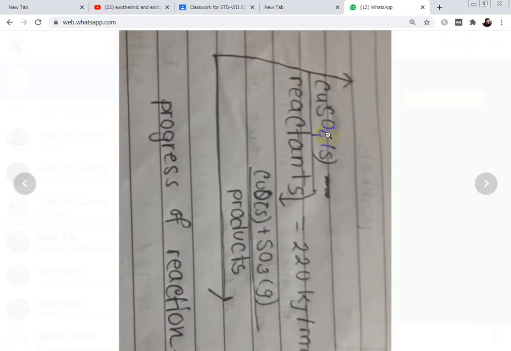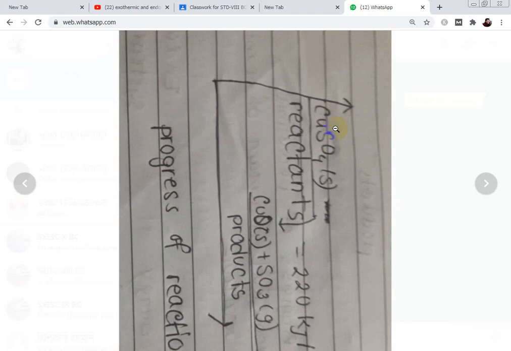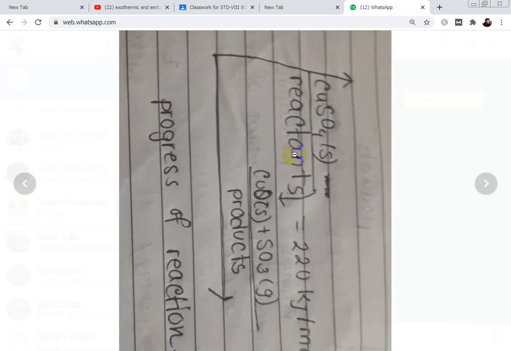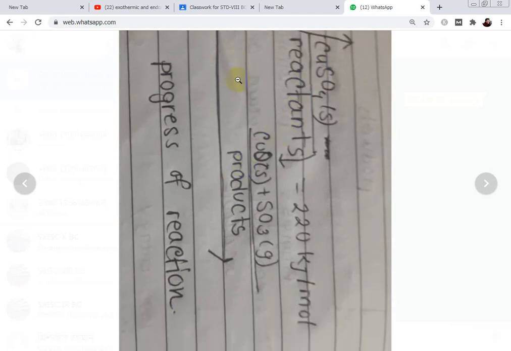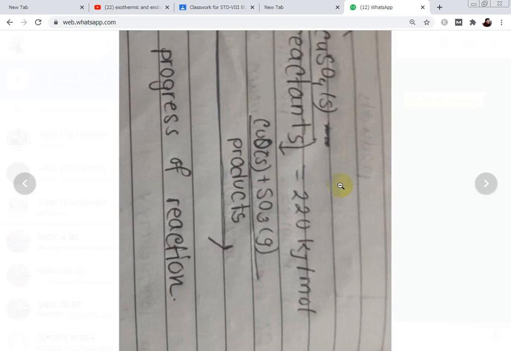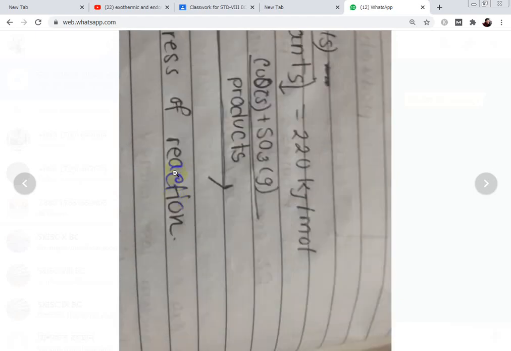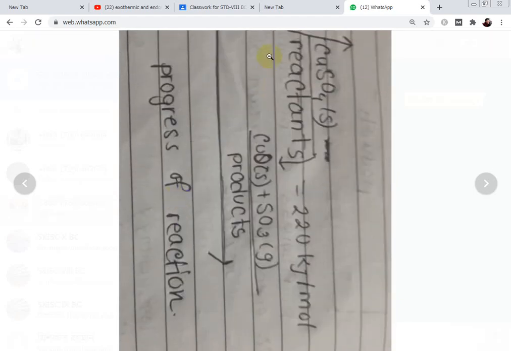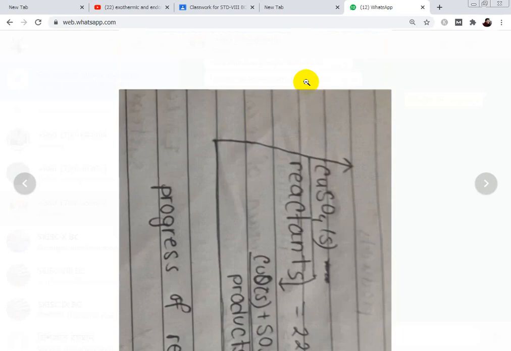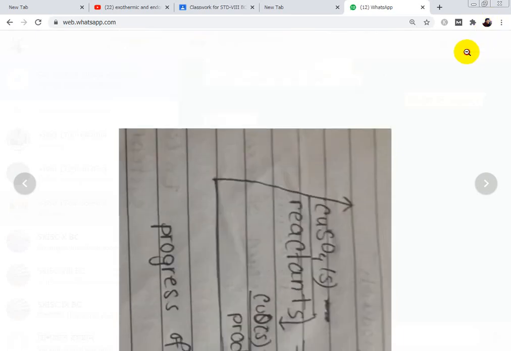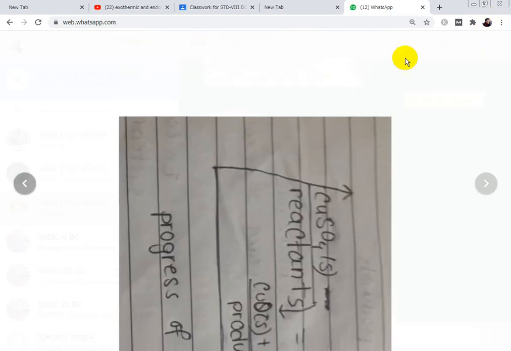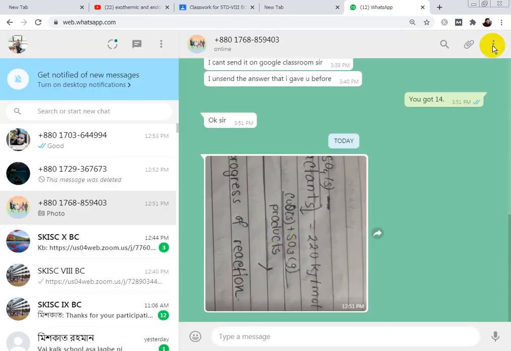This is an endothermic reaction, so the reactant will be below and the product will be on top, because this is an endothermic reaction. Progress of reaction is written correctly, but here you should write energy on the y-axis. It is totally wrong. Okay, thank you for submitting.